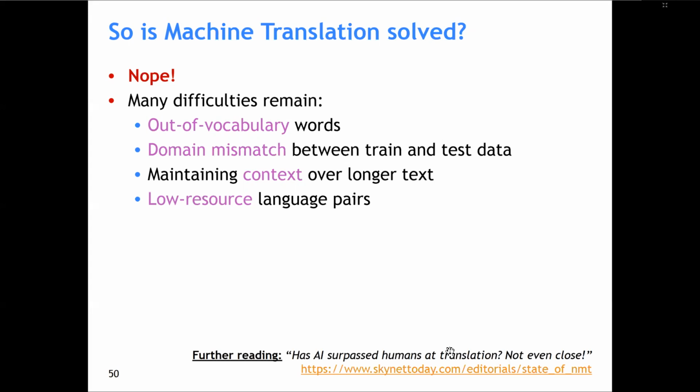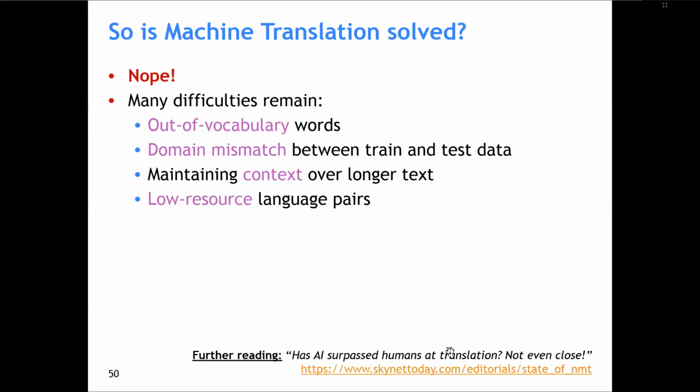Also, because it's using RNN, there's always a challenge in dealing with longer text. How can we maintain the context of a longer text? And how do we make it work for low-resource language pairs? For popular languages like English, Spanish, and French, we can get large corpora, but for other languages that don't have such a privilege, can we improve the performance?